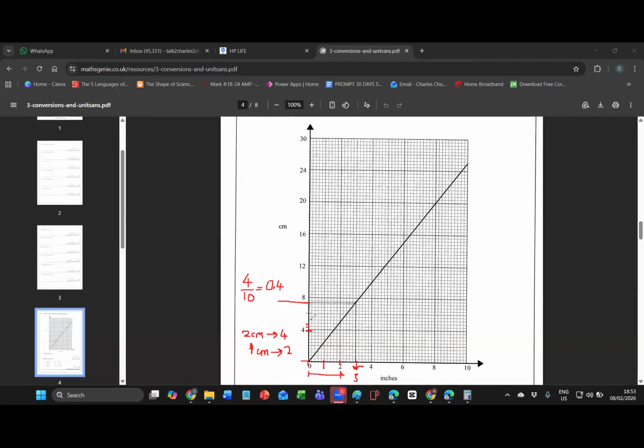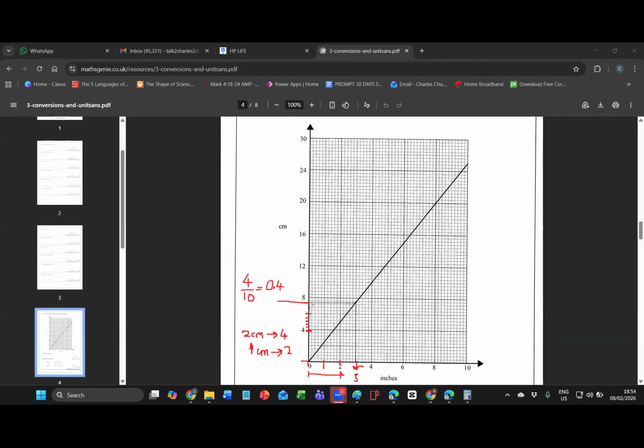Then after 4.8, if you add another 0.4 to it, that's going to be 5.2, right? After 5.2, you have 5.6, and after 5.6, if you add another 0.4, that will be exactly 6. Did you see that? That would be exactly 6.